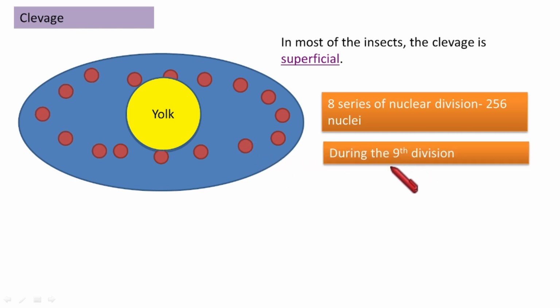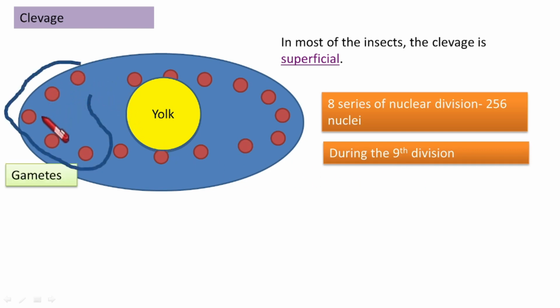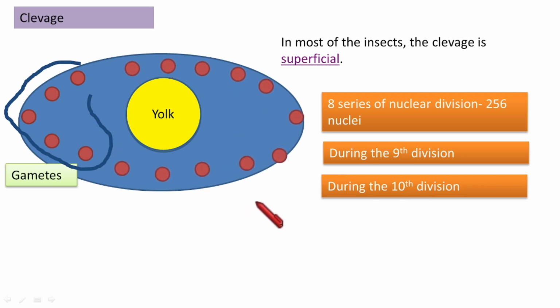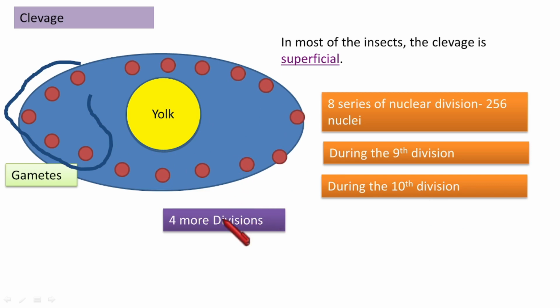After the 9th division, look here, some 5 nuclei migrate to the posterior pole, and later they develop their own cell membrane, and in future they become the gametes of the adult. Then after the 10th division, the remaining nuclei move to the periphery and undergo 4 more divisions.